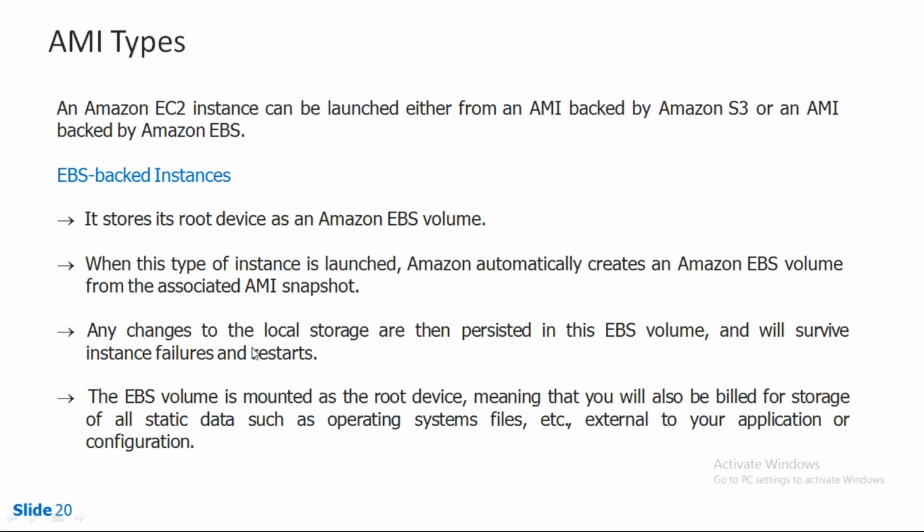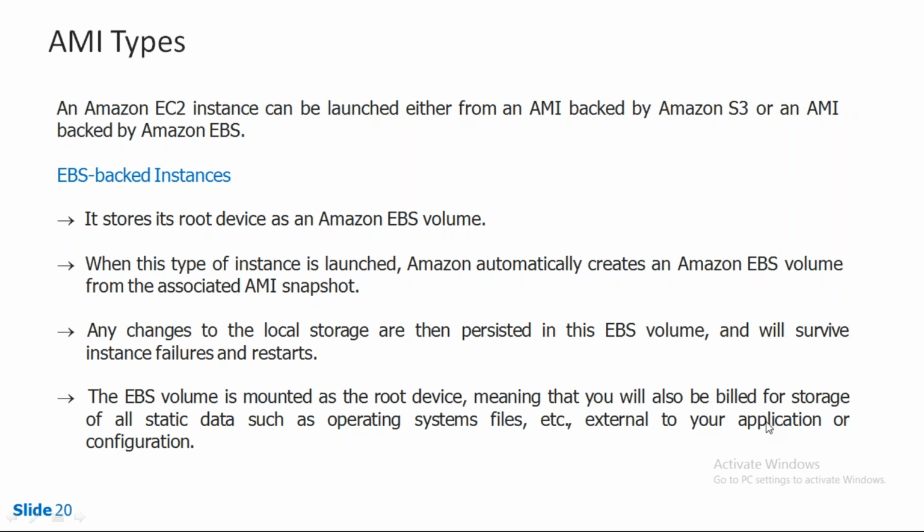Then any changes to the local storage are persisted in this EBS volume and will survive instance failure and restarts. So whenever you are doing some activity with your EC2 instance, you can still be safe, because your entire configuration is stored on such a volume, so you can get it whenever you want. The EBS volume is mounted as the root device, meaning that you will also be billed for storage.